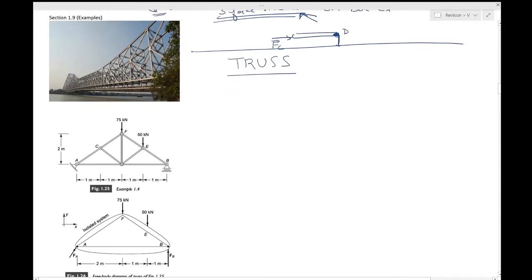There can be any other bridge, but just for the scale of it, we had put it up over here. So this is something called a truss structure, and these structures typically are used in bridges or even many other systems which have to carry load.